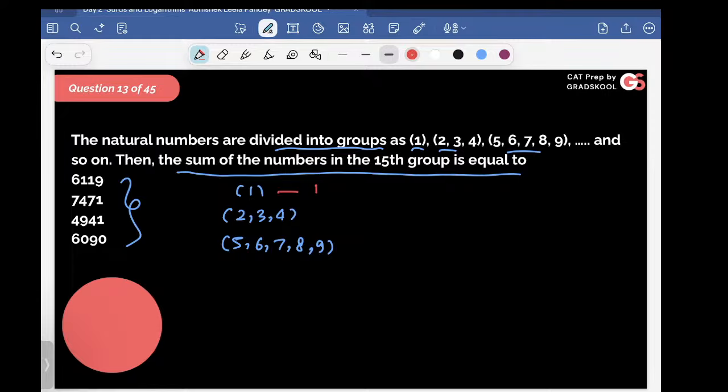This ends at 1 square, this ends at 2 square, this ends at 3 square, isn't it? 1 square is 1, 2 square is 4, 3 square is 9, and so on. So fourth group would end at 16. Am I right? So if I follow this pattern, the 15th group must end at 15 square. जो भी 15th group होगा एंड में उसके 225 हो जाएगा.